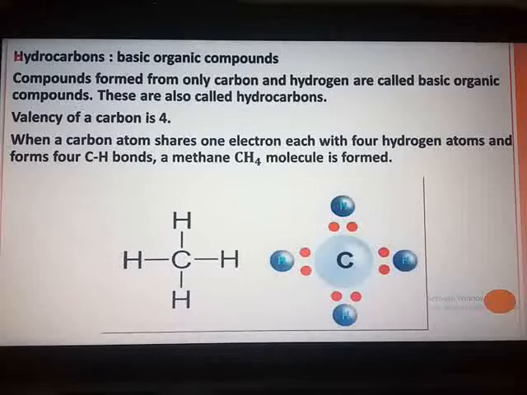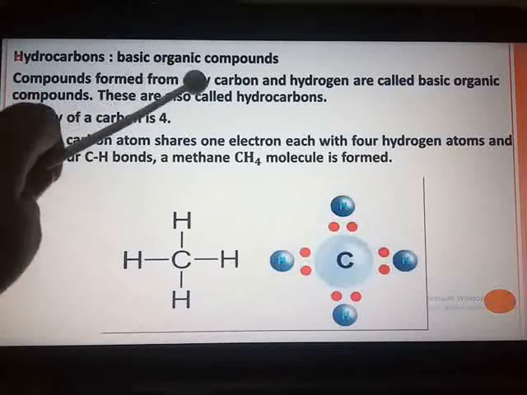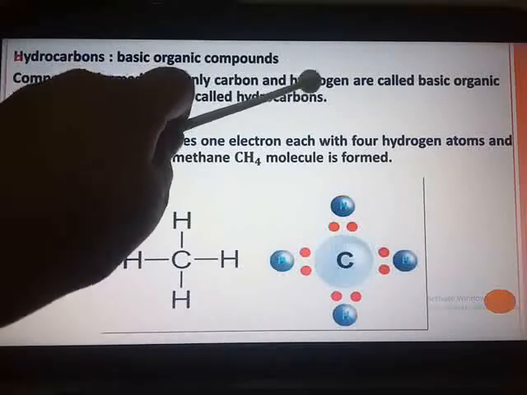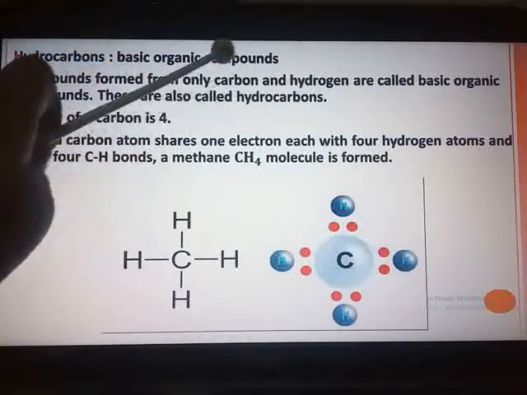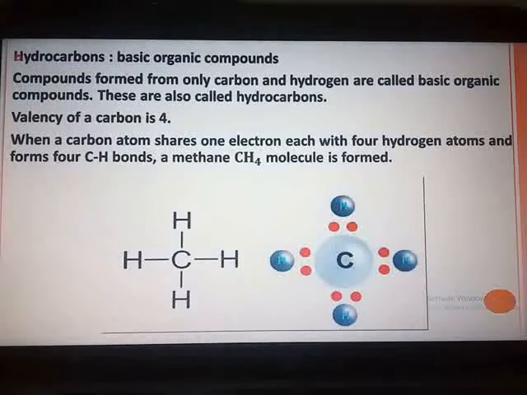And here, along with carbon, the element hydrogen is also included in most of the organic compounds. So the compounds which are formed from only carbon and hydrogen are called as basic organic compounds. So hydro and carbon, they are also called as hydrocarbons.